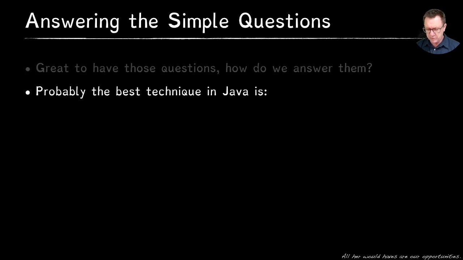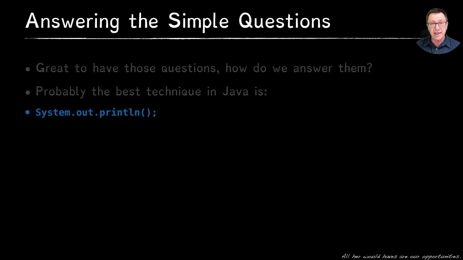I think I've pretty much gone through how we answer them, but one of the best techniques to do this when it comes to Java is system.out.println. Okay, all the way back in that previous slide, do the parameters contain the correct values?